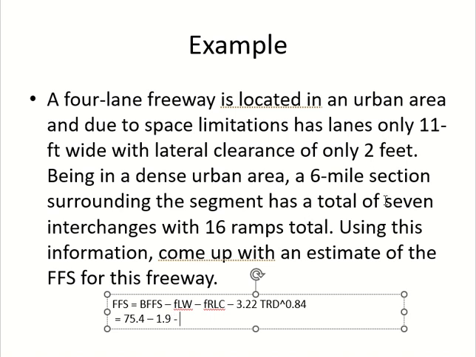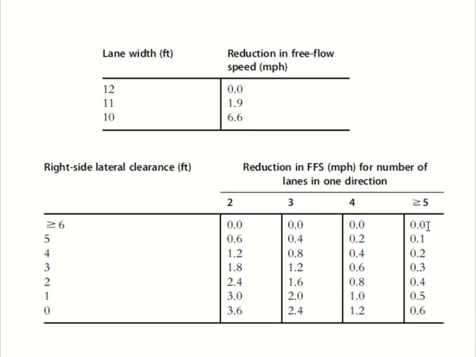I have 2 feet lateral clearance on the right hand side. It's a 4-lane freeway. So 4-lane meaning there are 2 lanes in each direction. Whenever they mention the number of lanes with the freeway, they are always mentioning the total number of lanes. Okay, so 2 lanes in each direction and 2 feet clearance, so factor is 2.4.